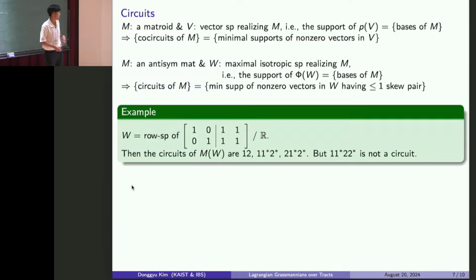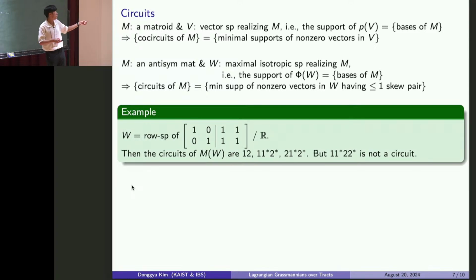So let's give some examples. Here W is the row space of this matrix, where the left block is the identity matrix and the right block is a skew symmetric matrix, indexed by 1, 2, 1 star, and 2 star. And because of our definition, we can easily get the antisymmetric matroid.